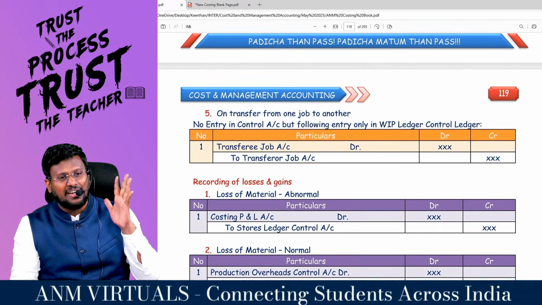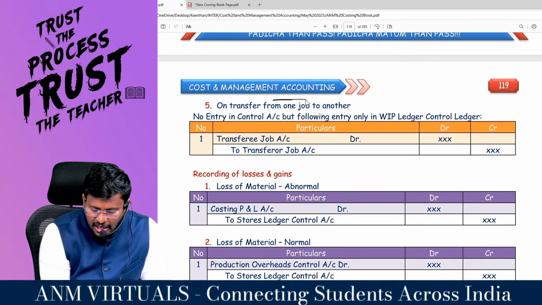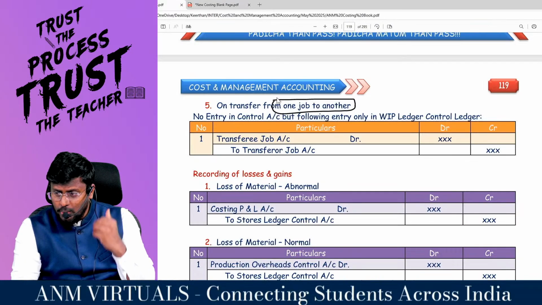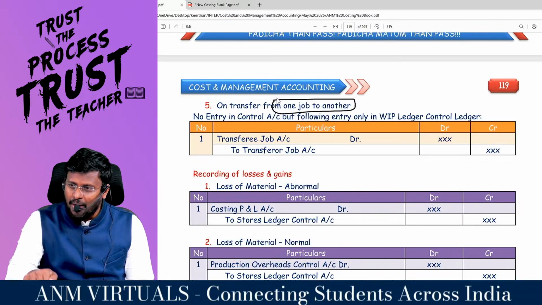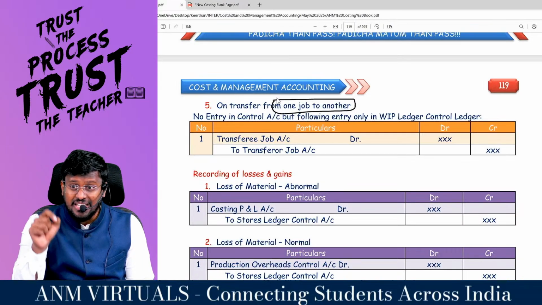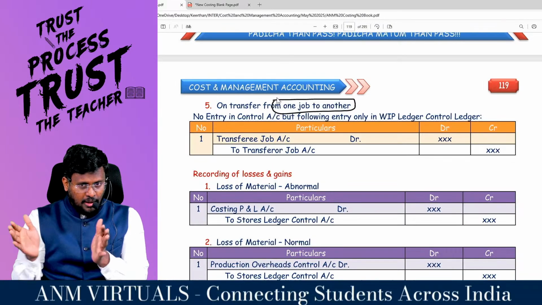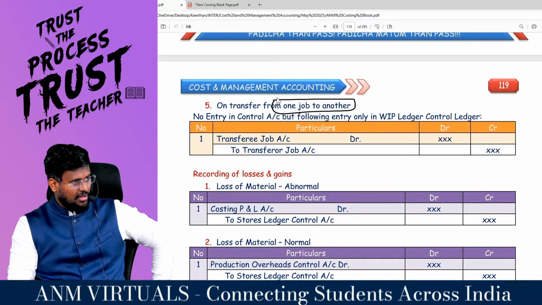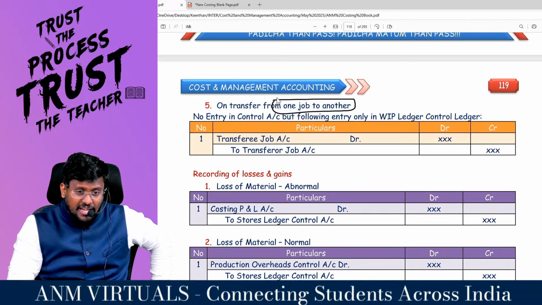Right, sir? Sometimes, on transfer from one job to another, they will not bring it to the stores at all. Inside the factory itself, I would have issued the raw material for a particular job, say job number A. But they have some excess material, they have transferred to job number N. So who received the material? Who lost the material?